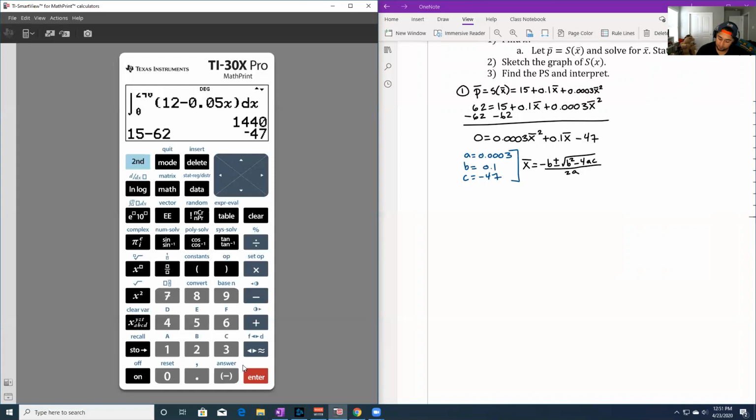Which means we now know what to plug in. So x bar equals negative 0.1 plus or minus the square root of 0.1 squared minus 4 times a, which is 0.0003, times c, which is negative 47, all over 2a. So 2 times 0.0003.